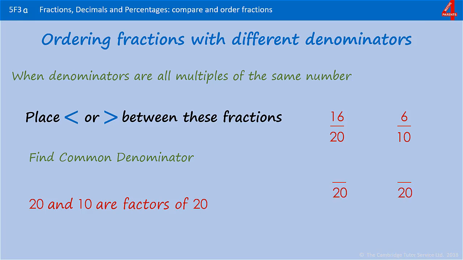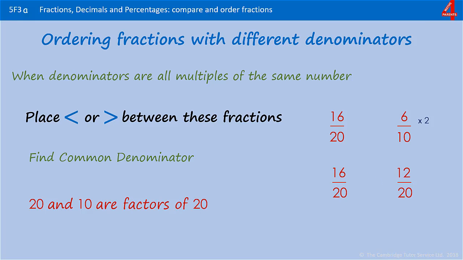This time, the 16/20 will remain the same. The 6/10 need to be converted to 20ths. To convert 10 to 20, we had to multiply by 2. So we're going to do the same with the 6 numerator. We're going to multiply that by 2, and that gives you 12/20.